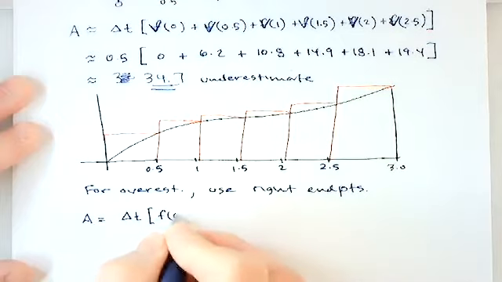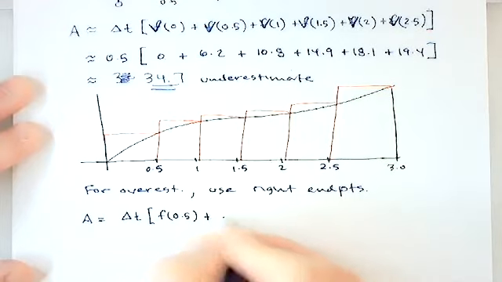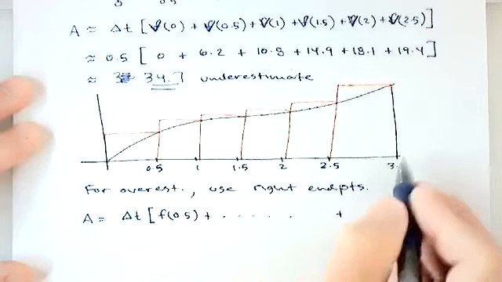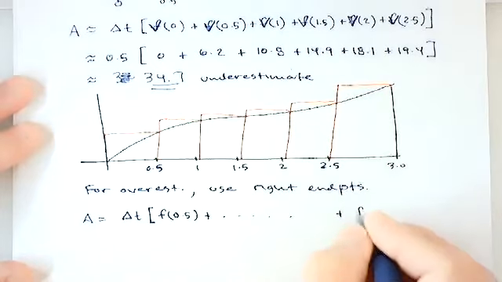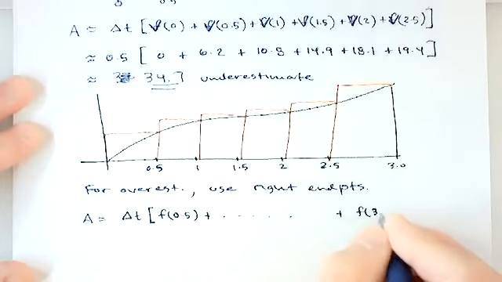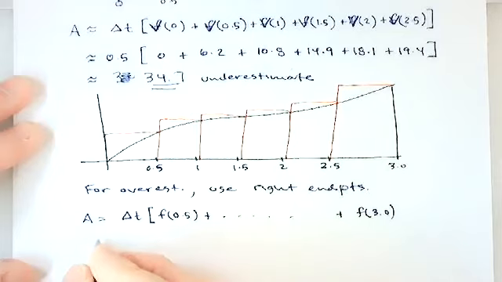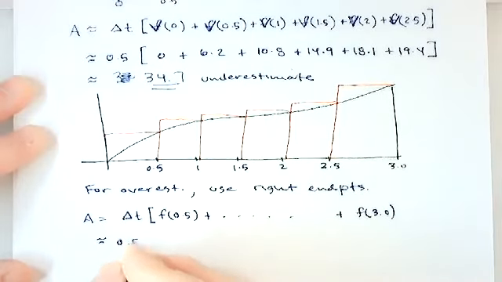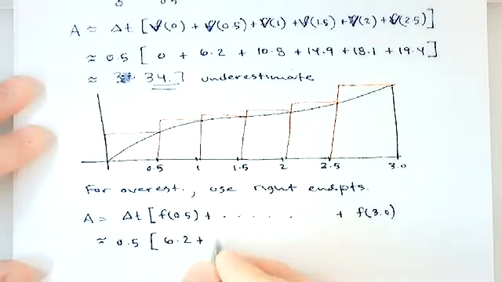This time the first number you use is 0.5, and you will use 3 in this case. So this comes out to be 0.5 times, we've got these values, 6.2 plus 10.8.